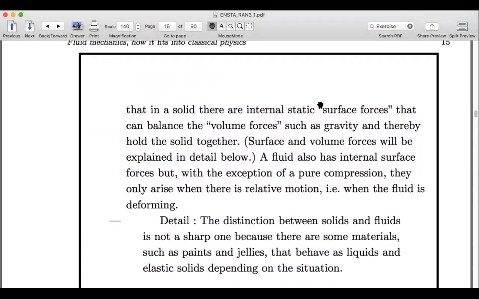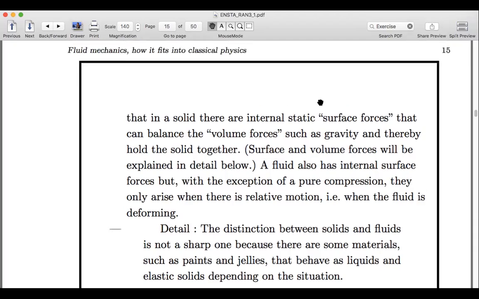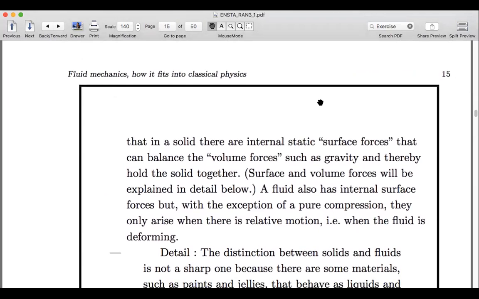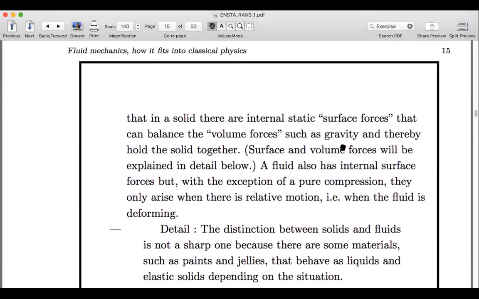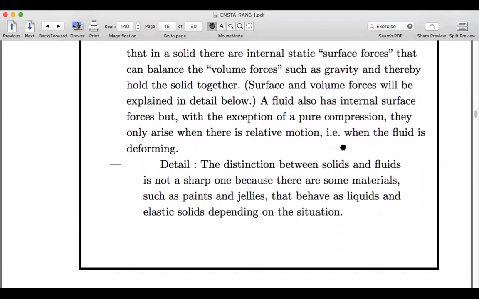So when the fluid is static, we don't have what we call tangential forces. An important distinction that we'll make is between surface forces and volume forces.